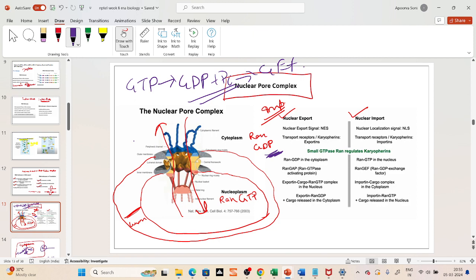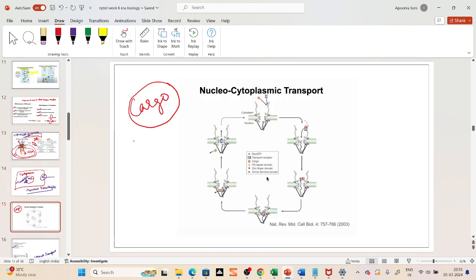There are two things: nuclear export and nuclear import. Then we saw how it happens. The RNA first binds to its transport receptor, and then it binds to the FG repeat domain. Then it goes inside, and with the help of RAN GTP, it comes out of the nucleus to the cytoplasm.